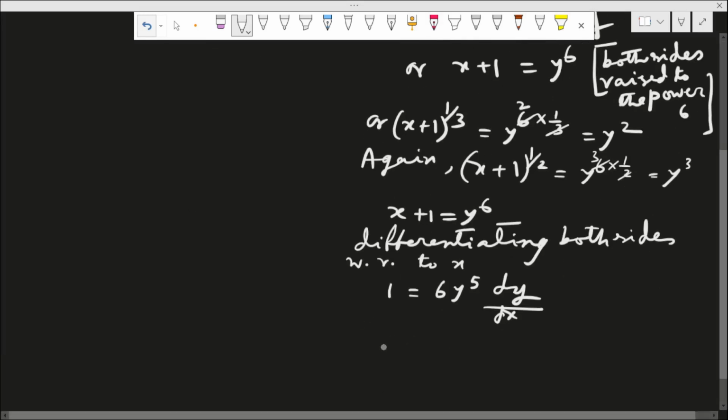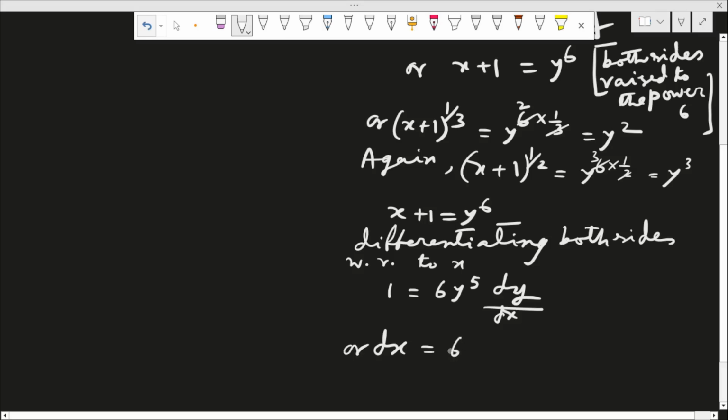Here we find dx is equal to 6 y to the power 5 dy.